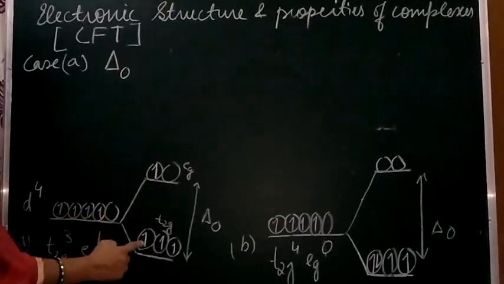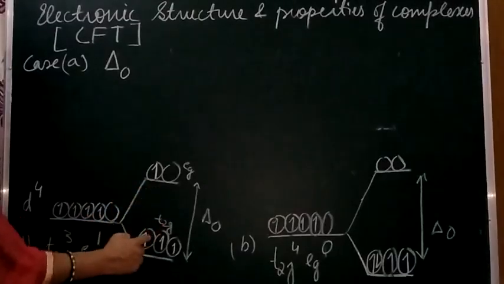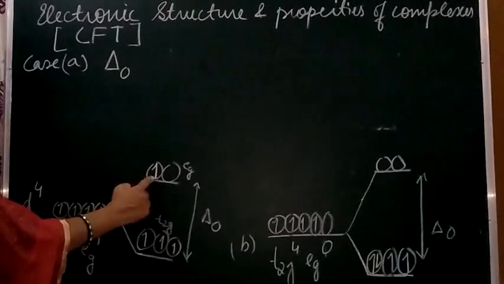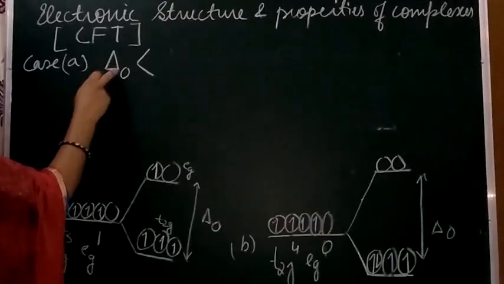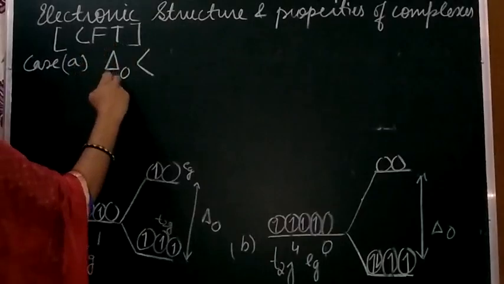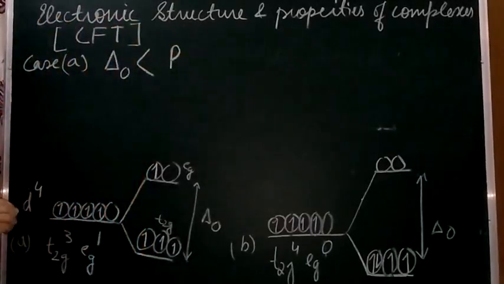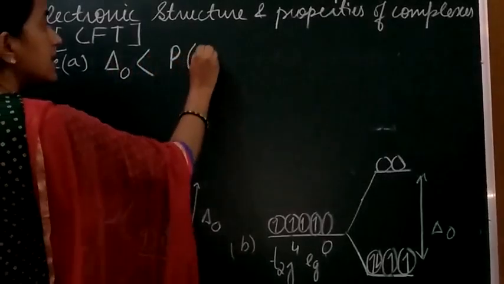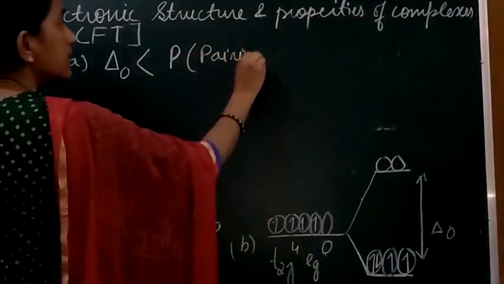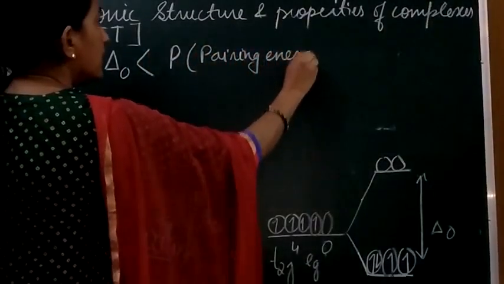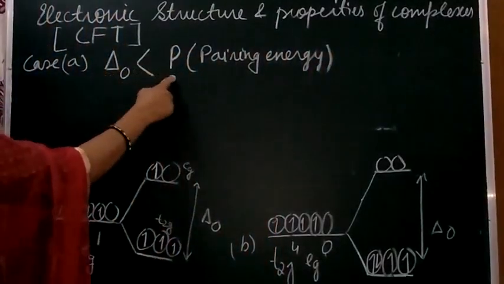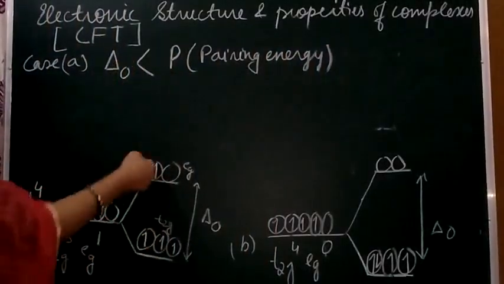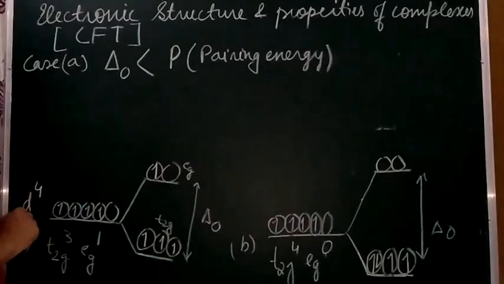Now students, here you can see that the electron has preferred to jump up to the EG orbital. It means that the crystal field splitting, that is delta naught, is less than P, the pairing energy, that is the energy required to get the electrons paired up. So here the pairing energy is more, therefore the electron will jump up to the EG set of orbitals and get filled there.